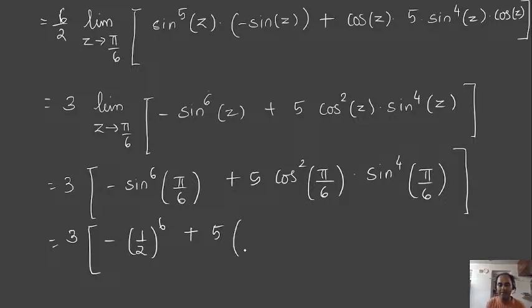So here it is root 3 by 2 the whole square into, here it is half raised to 4. Okay, when you simplify this in your calculator, if you simplify, you will get 21 by 32.